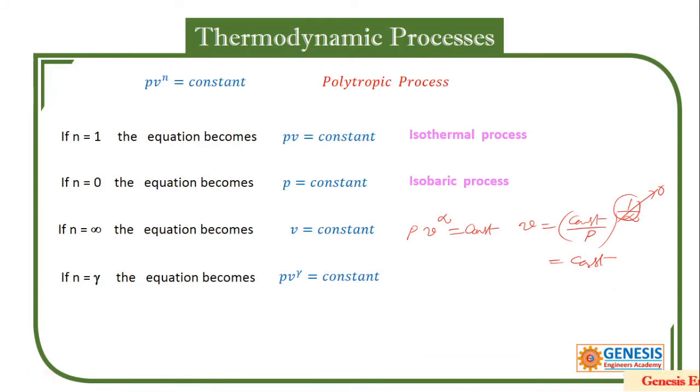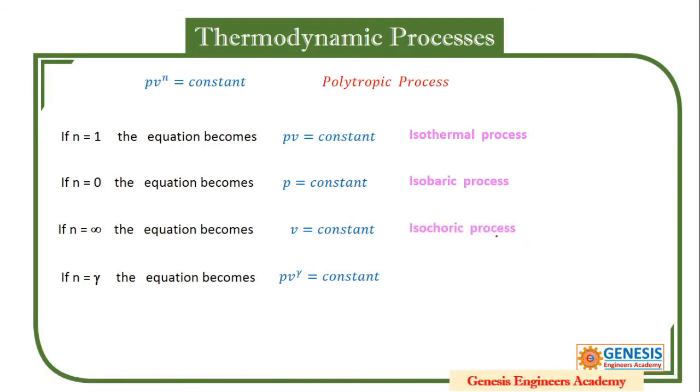Okay, constant will not change, it remains the same. So this can be shown like that. Therefore this is called isochoric, that is V constant. Okay, so in this case I am replacing n by gamma. Gamma is equal to Cp by Cv. Then we call this the adiabatic process.